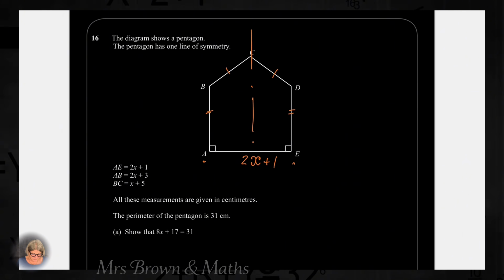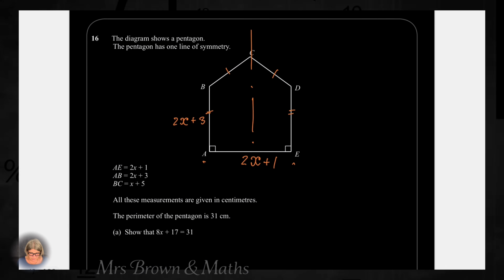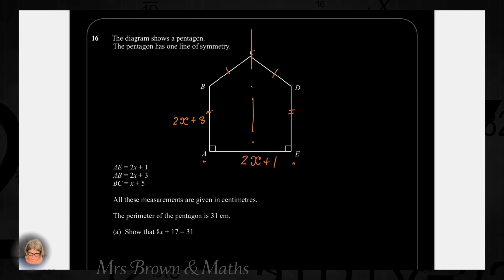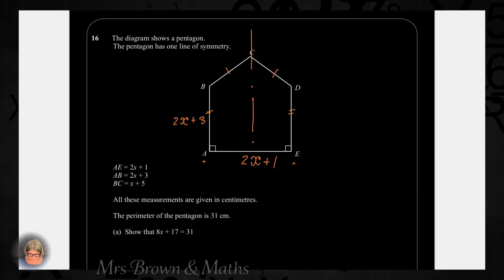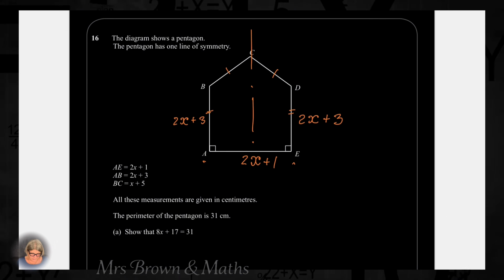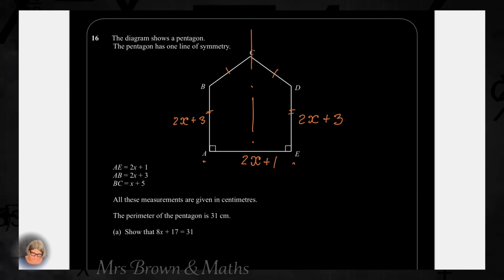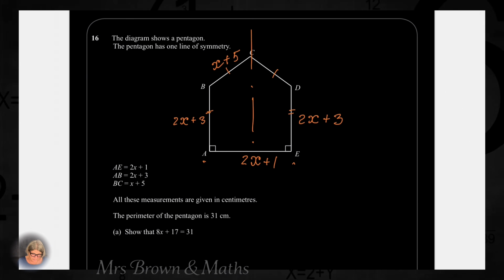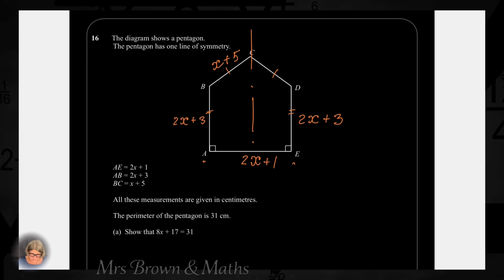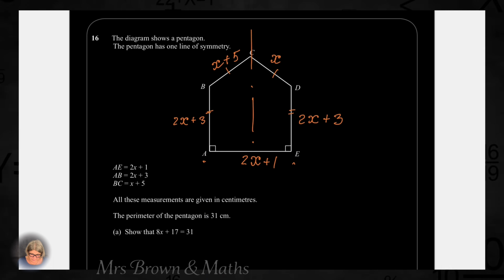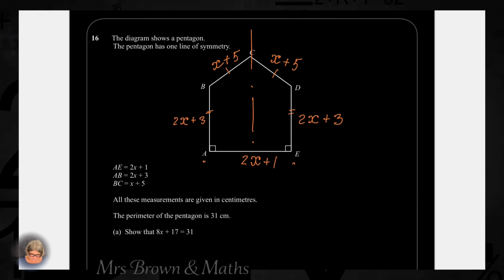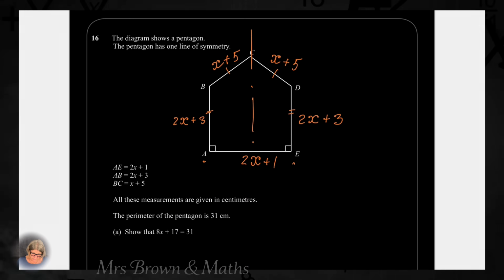AB equals 2x plus 3. And because it's symmetry, side DE also is 2x plus 3. Right, BC equals x plus 5, and again symmetry, so CD also is x plus 5. All these measurements are given in centimeters.